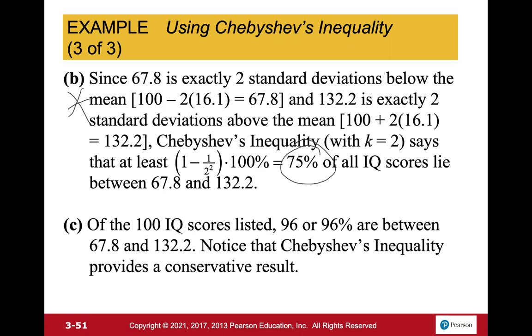They're saying that even if this data set is not approximately normal, meaning bell-shaped, at least 75% of that data will fall within 2 standard deviations, or at least 88.9% of the data will fall within 3 standard deviations.